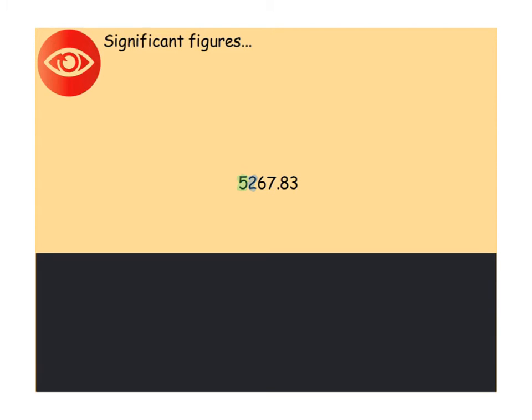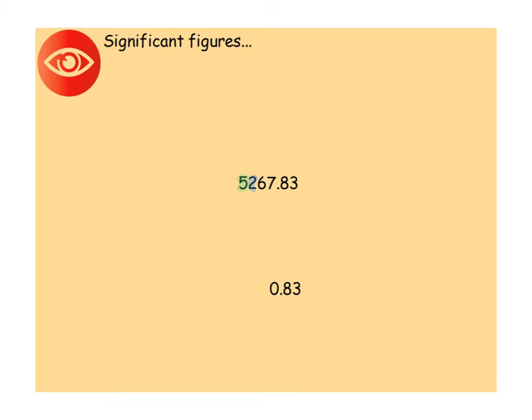And you need to be a little bit careful, because if we'd just been using the number 0.83, then the first significant figure, the thing that tells you the most this time, is the 8. The reason for that is that this number, 0.83, is exactly the same as this number.